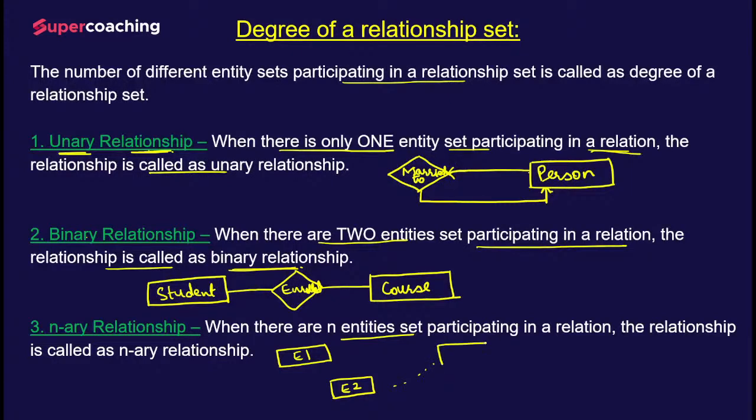Like this, we have n entities, and there is a relationship between all these n entities. Since in this case there are n entities participating in the relationship, this is known as an n-ary relationship. This is clear, right? So anyone having any doubt with the definition or the different types of degree of relationship set?